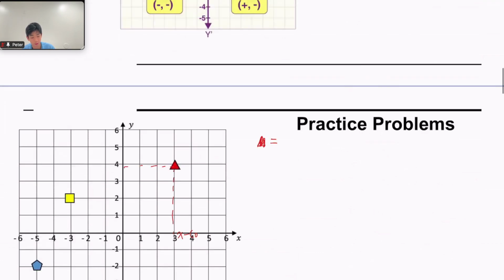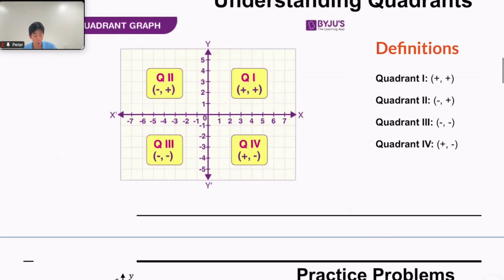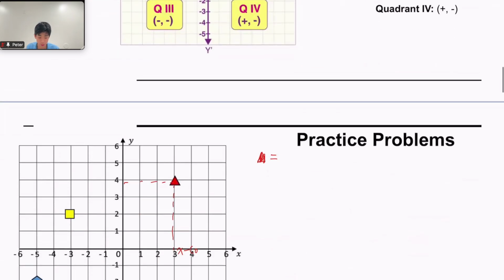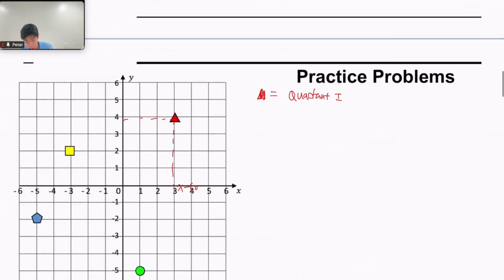So when both the y and x axis are positive, it will be in quadrant 1. Let's take a look at the yellow square. The yellow square you see here, the y coordinate is positive and the x coordinate is negative. So this will only be quadrant 2.